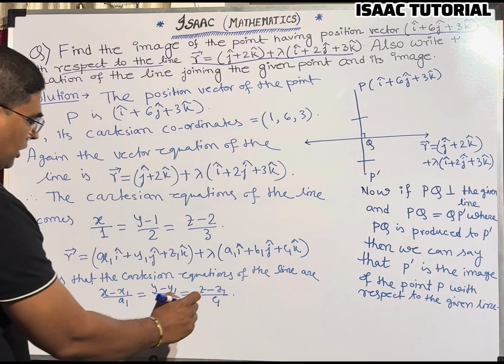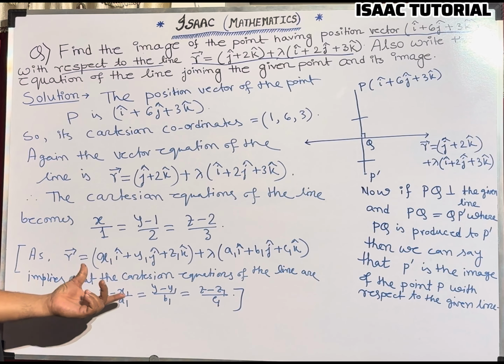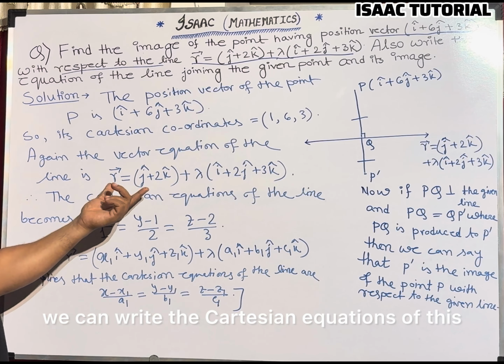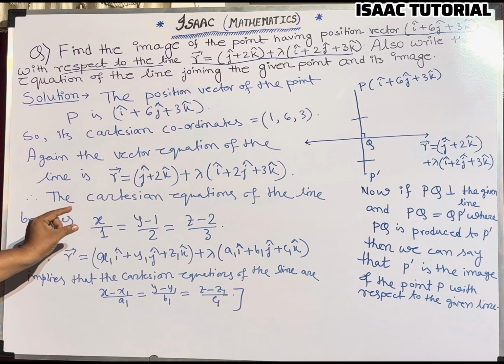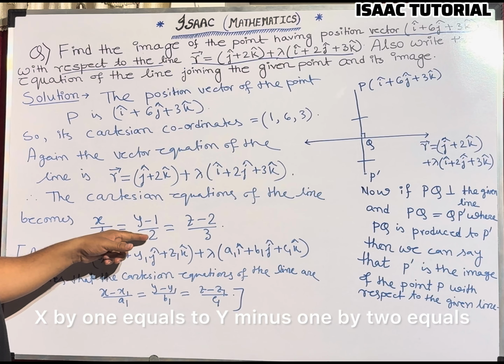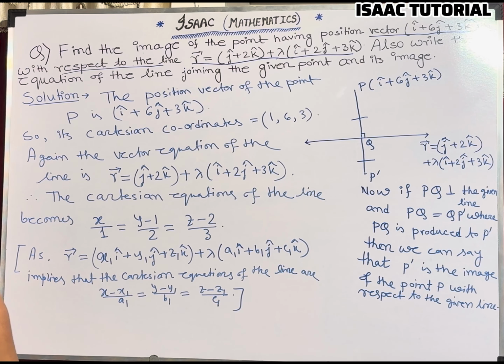Okay. By following this way, we can write the Cartesian equations of this vector equation of the line as x by 1 equals y minus 1 by 2 equals z minus 2 by 3. Okay.